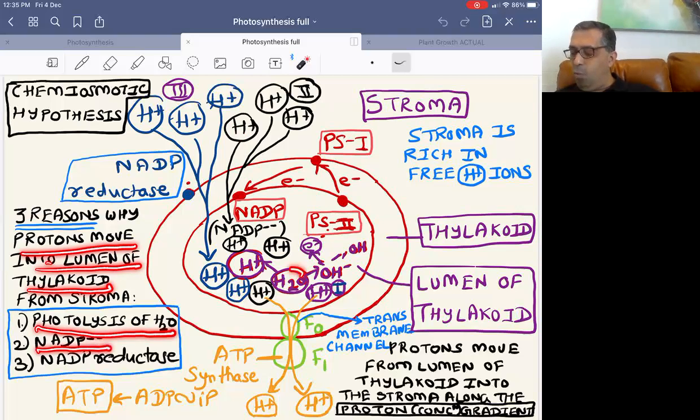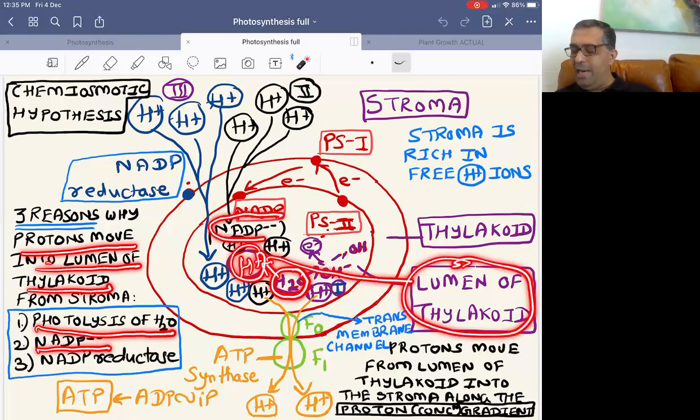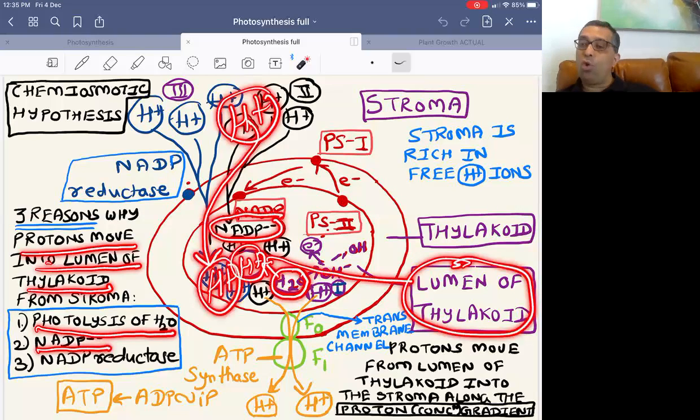So photolysis of water made H plus accumulate in the lumen of the thylakoid, and NADP minus minus also made protons go from the stroma into the lumen of the thylakoid. तो photolysis से भी H plus आया, and NADP minus minus का electrostatic force of attraction से भी proton आया from the stroma into the lumen of the thylakoid.